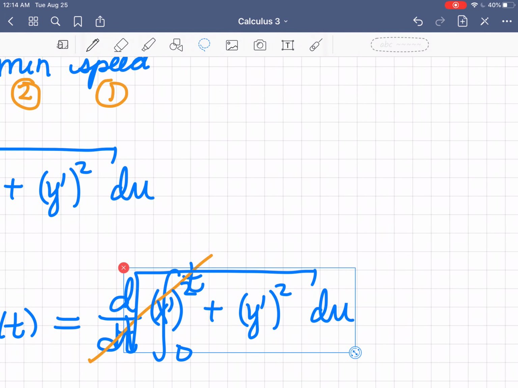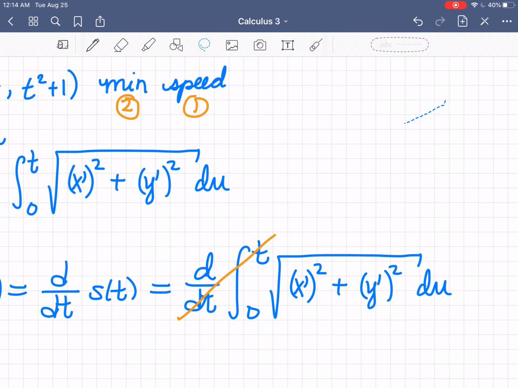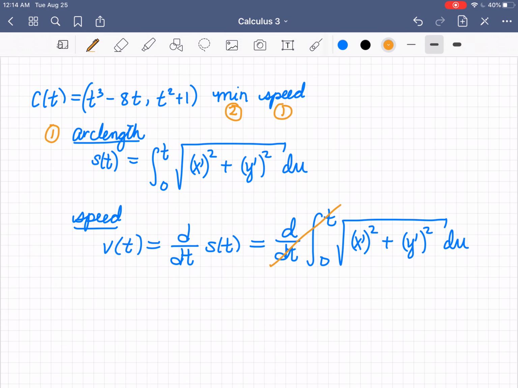What I'm saying is a lot of things get taken care of when we're computing the speed, because when you're taking the derivative of the integral, you don't actually have to integrate. You end up getting just the integrand with the t plugged in. So the speed ends up being the square root of x prime squared plus y prime squared.